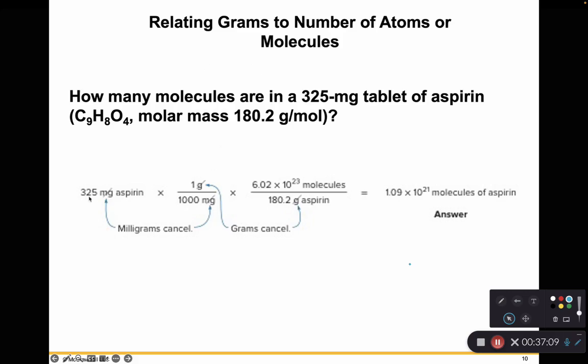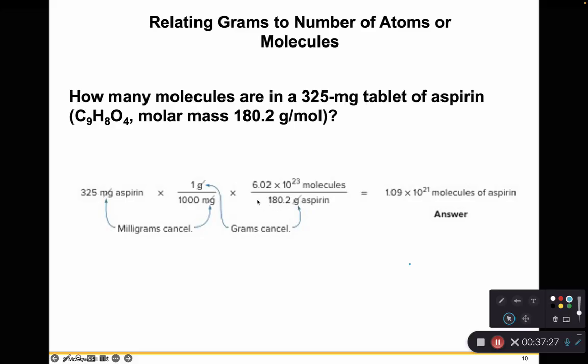How to set up? You go with the grams. Here actually milligram is given, and you convert that milligram into gram, because 1 gram is 1000 milligram. I can place that this way. So I have grams here, and now the molar mass.